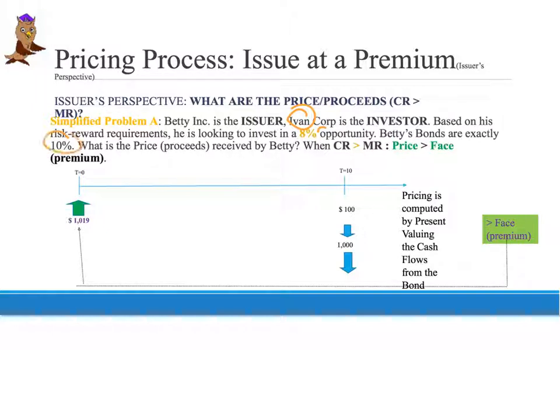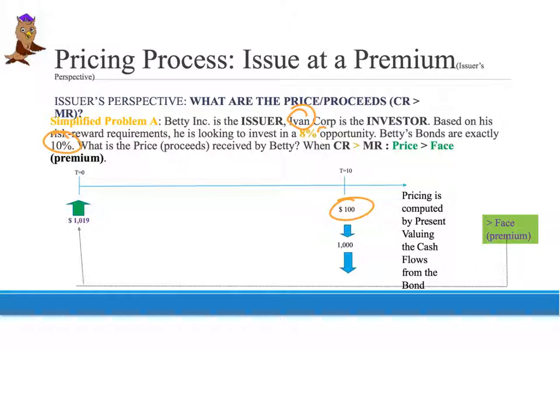So in that case, she wants to adjust the return on these bonds down to 8% from the 10%. Now, the amount that the bond will provide the investor through the interest payment is still $100. It's still 10%, so they cannot do anything about the actual terms of the bond.